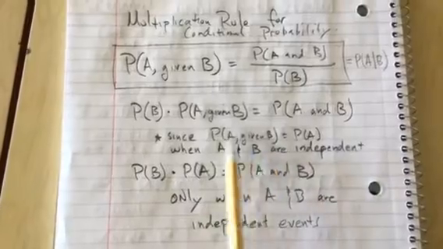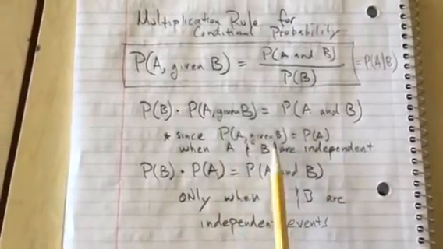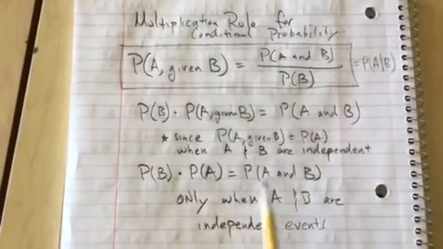We can only substitute P of A for this conditional probability when A and B are independent.